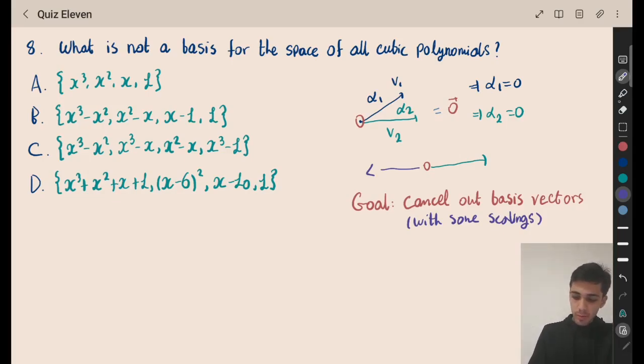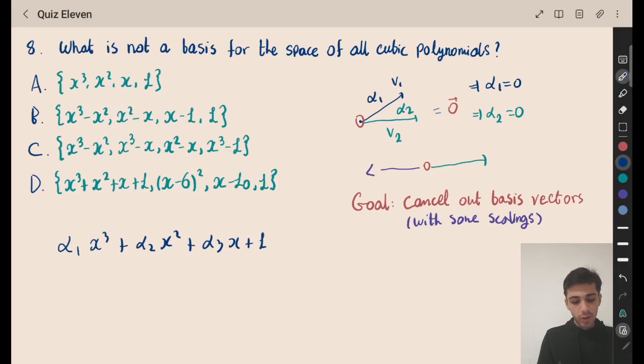Let's take a quick look at, for example, the first one. First one has x cubed, x squared, x, and 1. There is no way you would cancel anything out with anything, right? Because when I say cancel out, I mean the following. So I mean alpha 1, let's say, times x cubed plus alpha 2 times x squared plus alpha 3 times x plus 1.